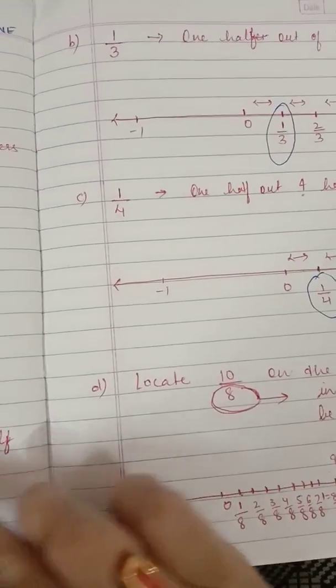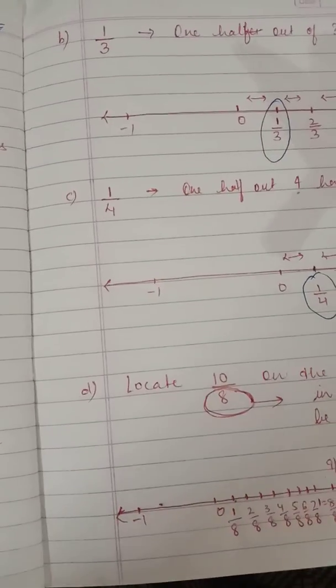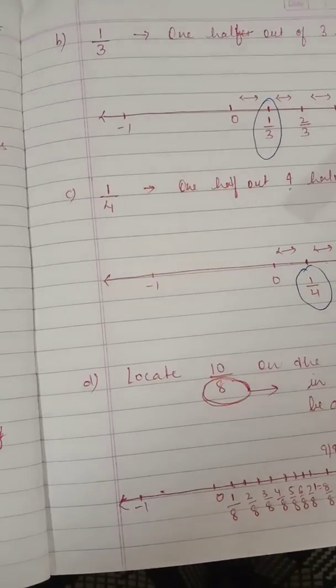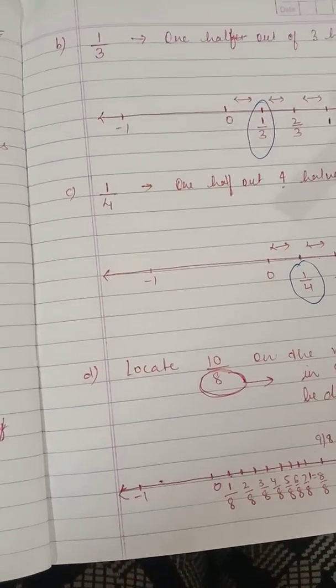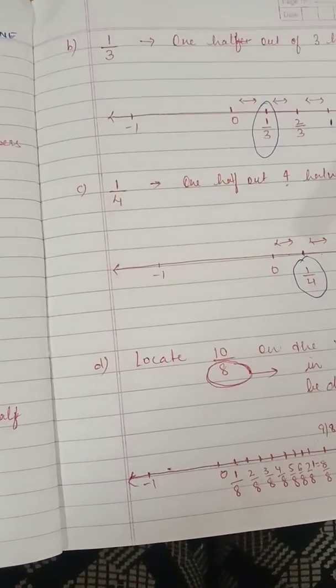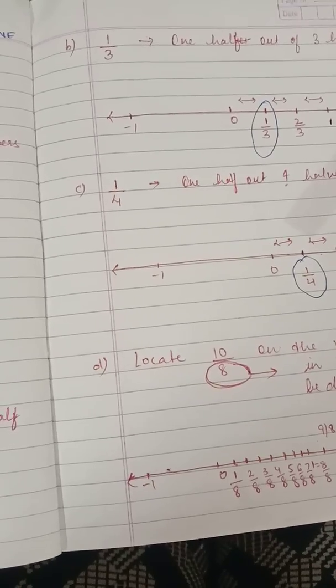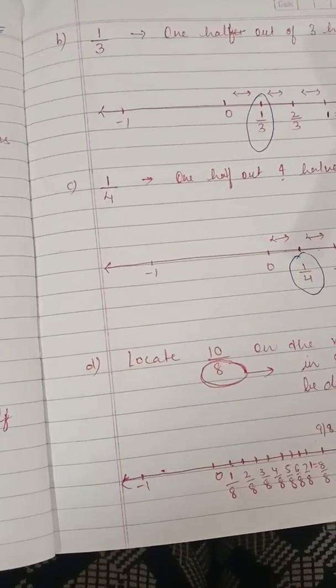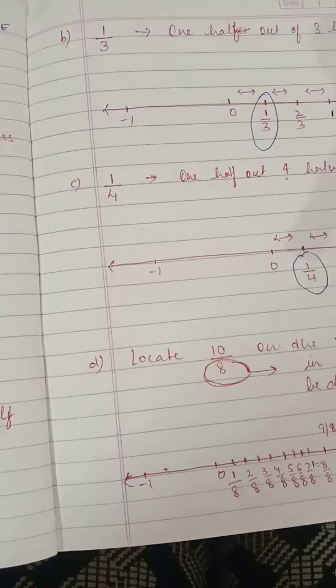Now in all these examples that we have taken, 1 by 2, 1 by 3 and 1 by 4, you can see in all these examples your numerator is less than your denominator.